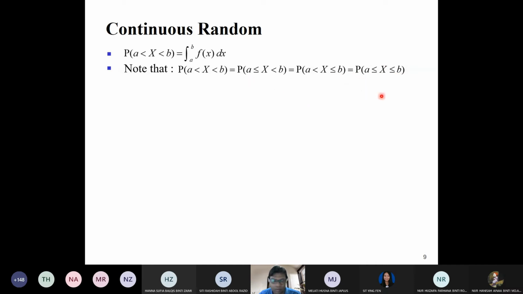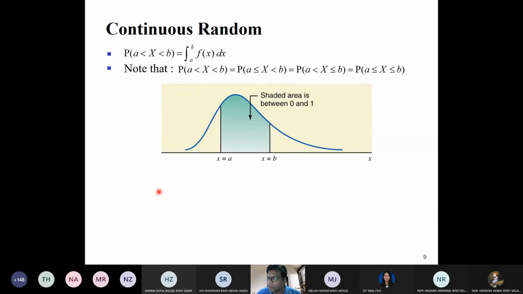So this can all be written in this way. There are three possible ways where you can write your continuous probability, which they call a continuous random statement. So when you want to find the probability for a certain interval, say for example, they give you the lower boundary A and the upper boundary B, you need to calculate the probability in that area under the curve.